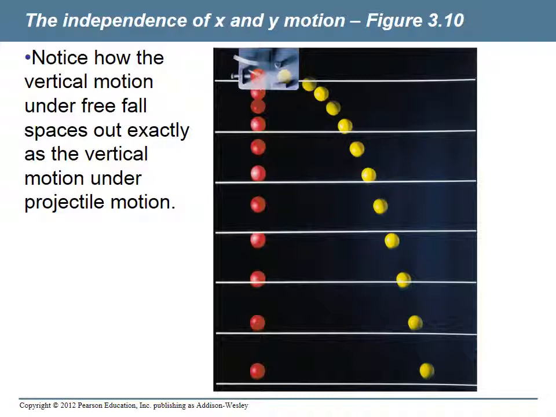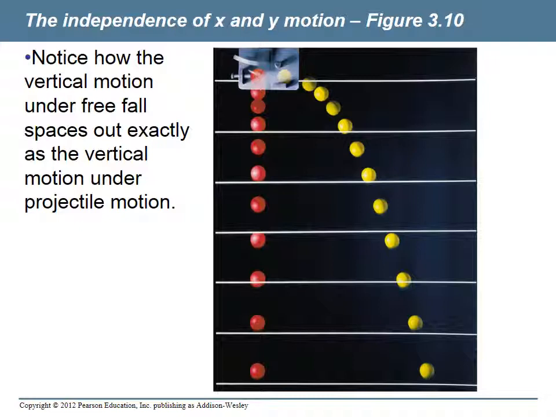Now, that doesn't mean that we are not going to use them interrelated, because if I'm shooting something up, I'm going to need to use the y direction in order to find out how long it's in the air, so then I can figure out how far it's going to go in the x direction. So I do have to combine them.